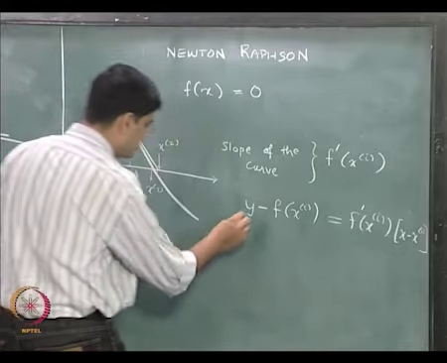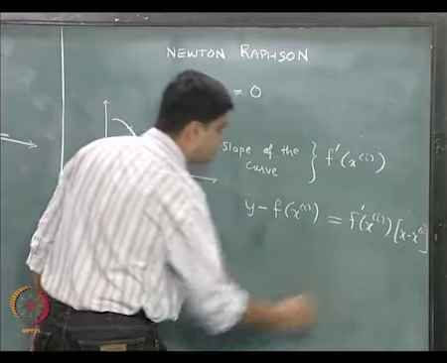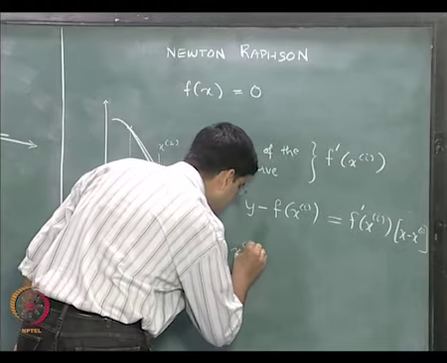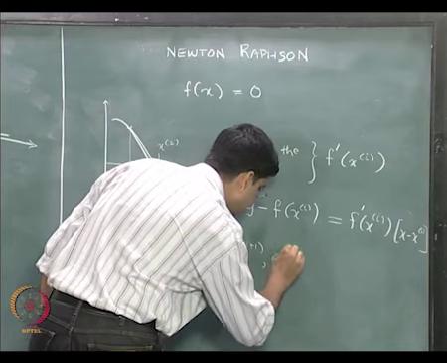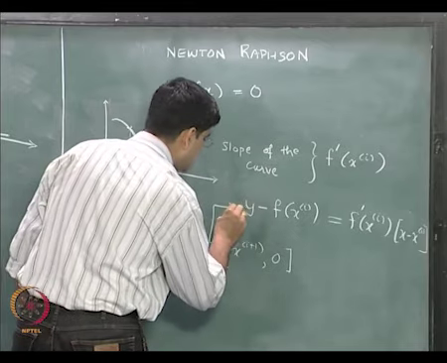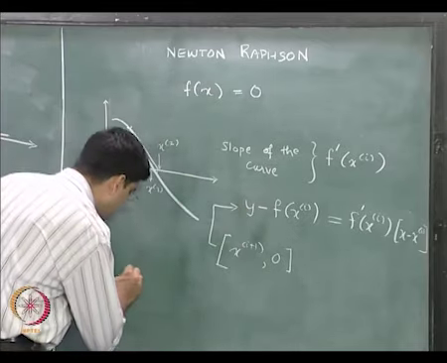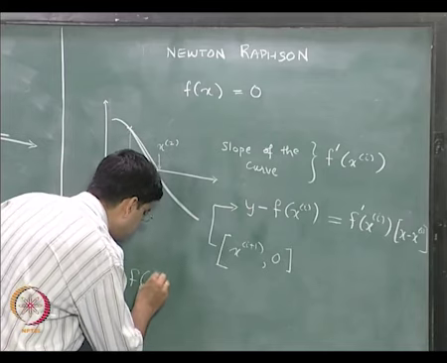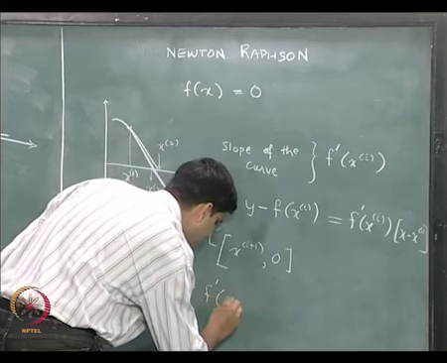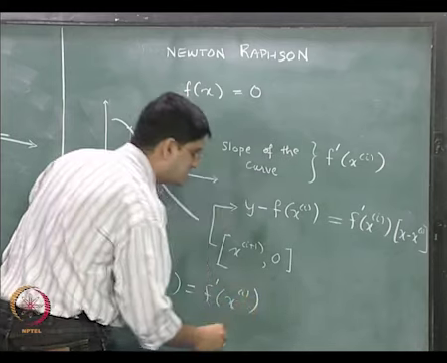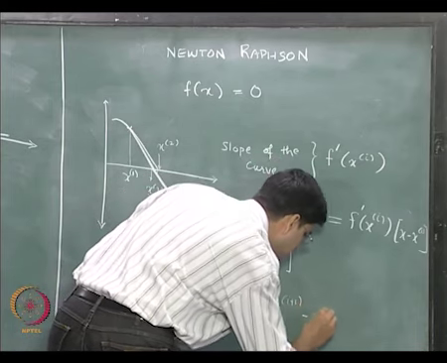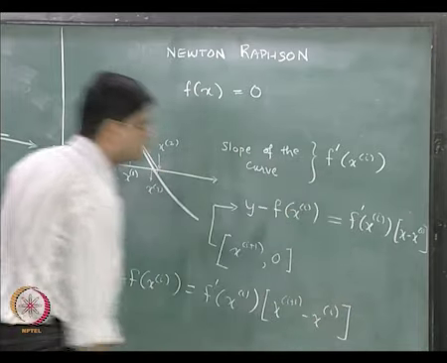So the point at which this particular line intersects the x axis is nothing but the point xi plus 1 comma 0. We substitute that in this particular equation, and we get minus f of xi equal to f dash of xi multiplied by xi plus 1 minus xi.